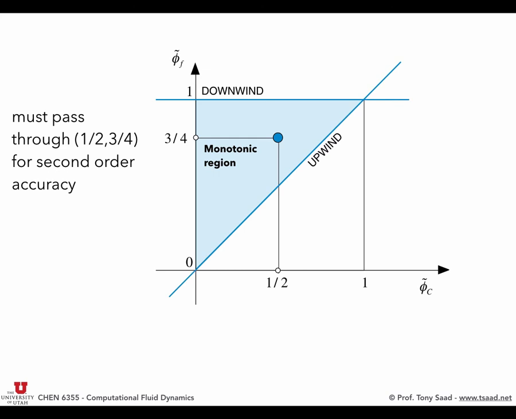As long as once you hit phi tilde c equals 0, you drop to 0. And once you hit phi tilde c equals 1, you're going to go to 1. And then you go upwind otherwise. So that's the key. If you think about the central scheme, it kind of looks like this, goes through this point. It's these two guys over here that we want to get rid of to make sure that we are upwind outside the monotonic region. Okay?